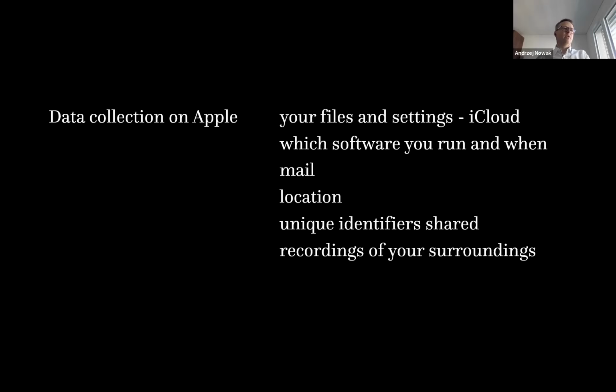So, for example, Apple collects all the information about your files and settings that are put in iCloud, which software you run and when, and that happens also on Mac computers to a certain extent, equipped with macOS, your mail, your location, the unique identifiers you shared, even random recordings of your surroundings to improve your experience. Of course, that's something that has also been documented to be leaking from many major providers.